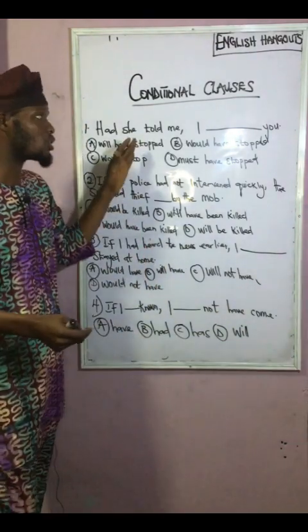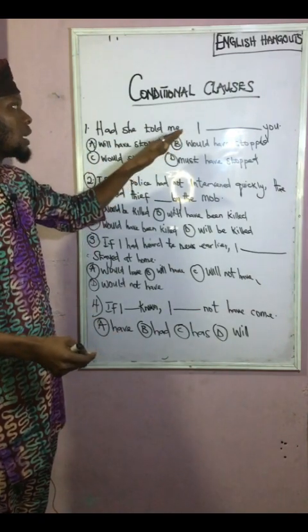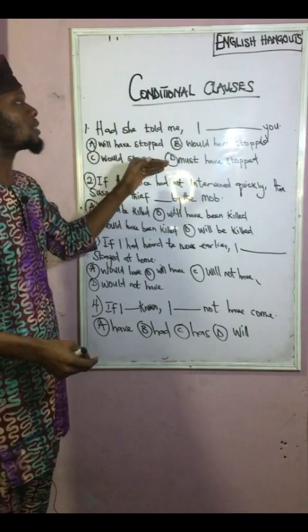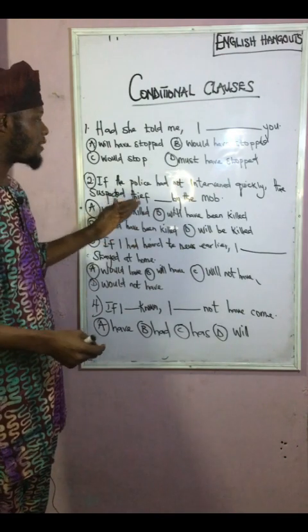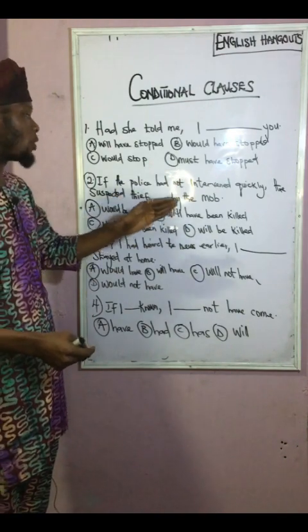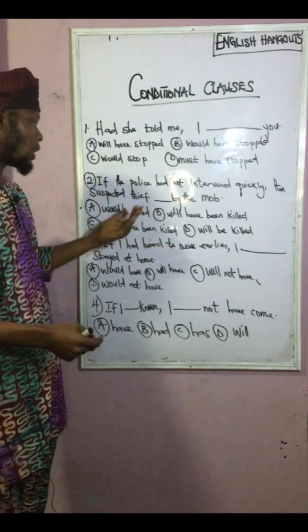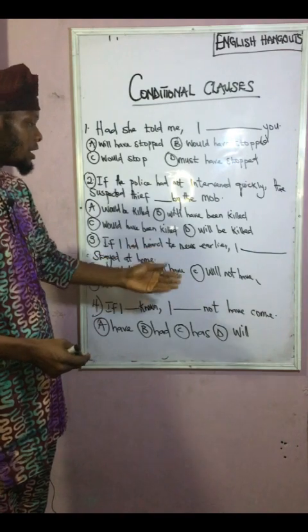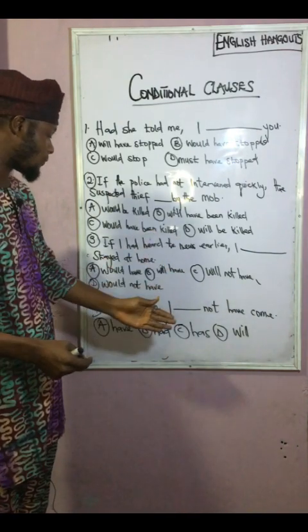When you look at the expressions on the whiteboard: had she told me, I dash you, with options would have stopped, will have stopped, would stop, must have stopped. If the police had not intervened quickly, the suspected thief dashed by the mob, with options A to D. If I had heard the news earlier, I dashed stayed at home, with four options.